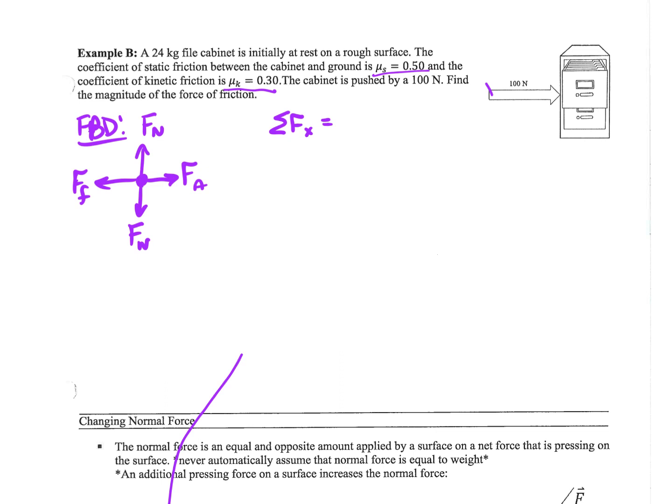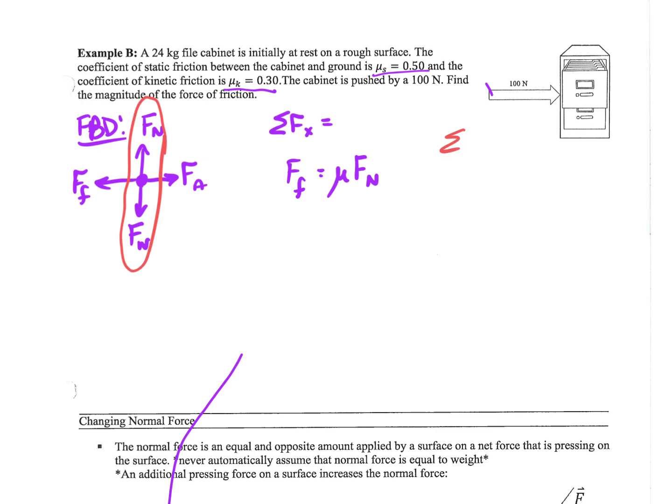Well, it doesn't even ask us that, does it? What does it ask us? For the force of friction, doesn't it? What did we say the formula for force of friction was? Mu times the normal force. Well, what is the normal force? Look at your free body diagram. What is the normal force equal to? This thing is only moving in the horizontal, isn't it?